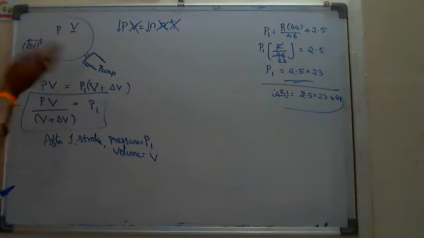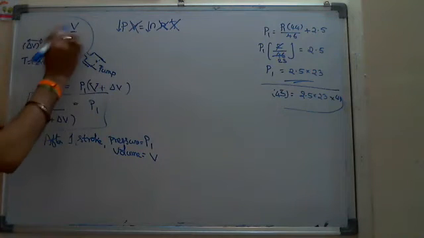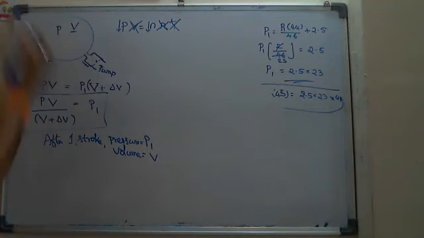Again, to pump out in the second stroke, some delta V volume of gas, meaning some number of molecules, I have to pull this piston outwards, again allowing the gas to occupy a volume of V plus delta V.